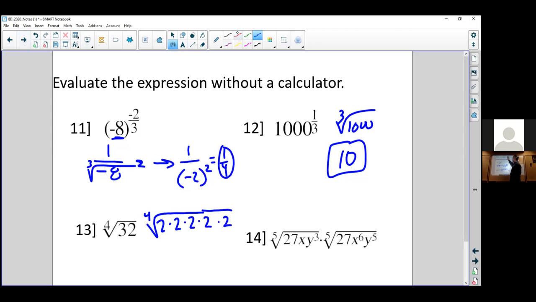I'm looking for 4 of a kind. So if I were to multiply those together, it does come out to 16. The 4th root of 16 is 2. But I still have left inside a 4th root of 2. And notice I still have the 4th root in there. Don't lose the little superscript. It'll exist.